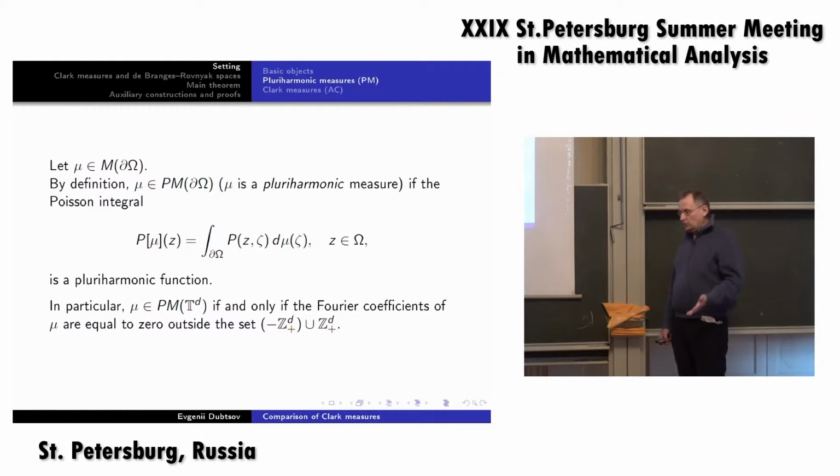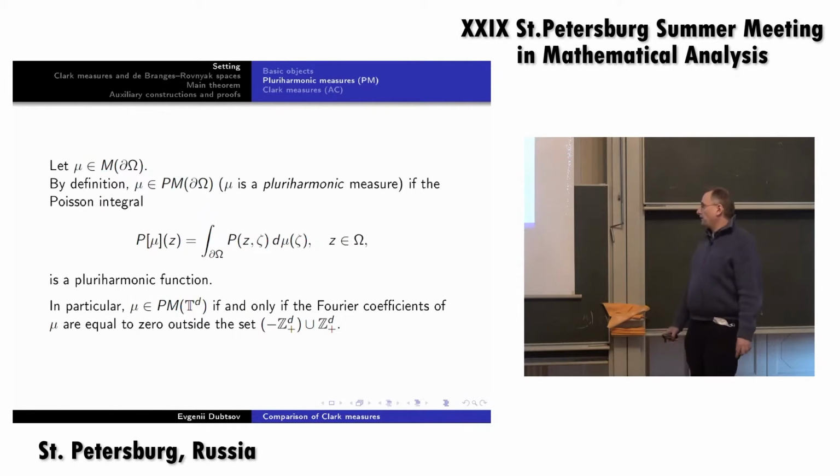In particular, if my function is real valued or even positive, as in the case of the Clark measures, it means that this is just the real part of a holomorphic function. Otherwise, if you know what it means, this is a pluriharmonic function.